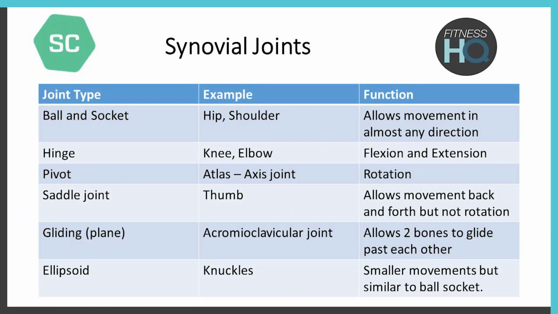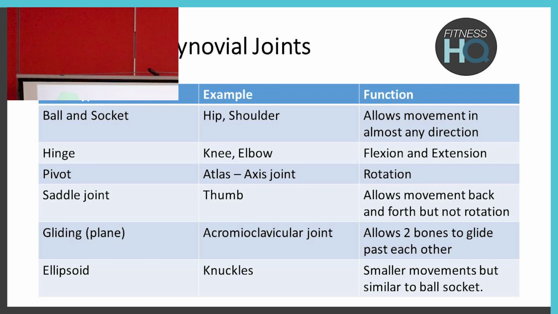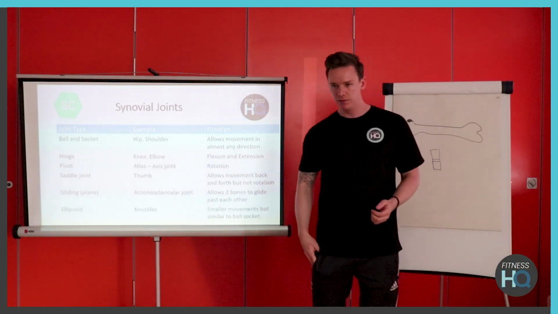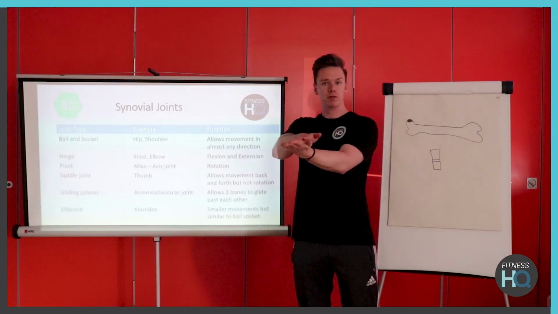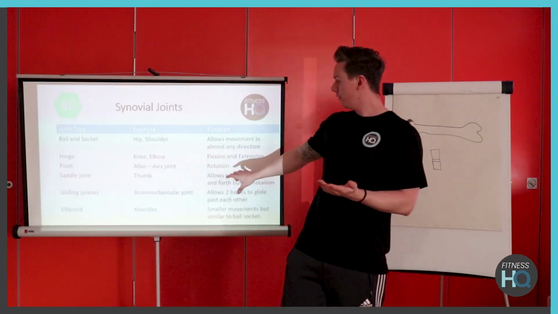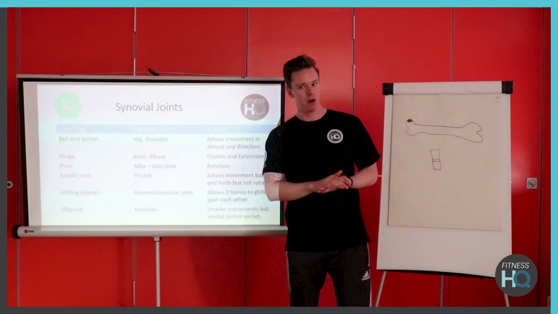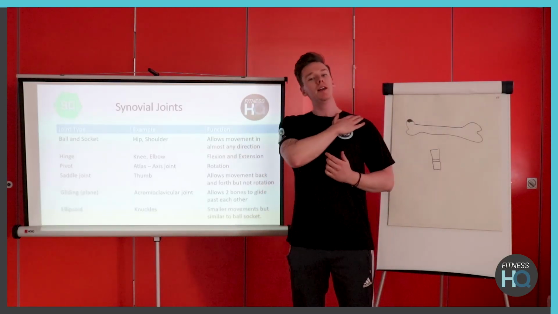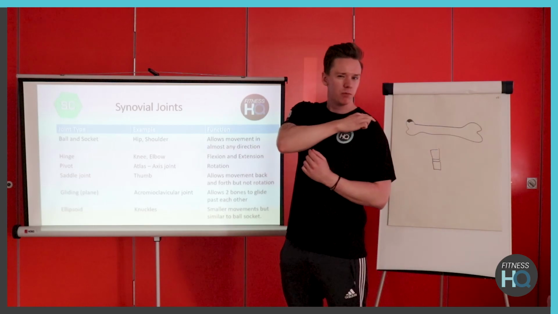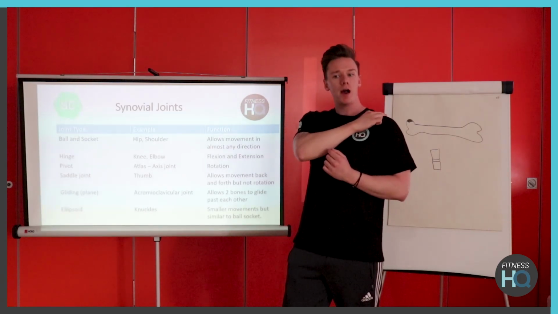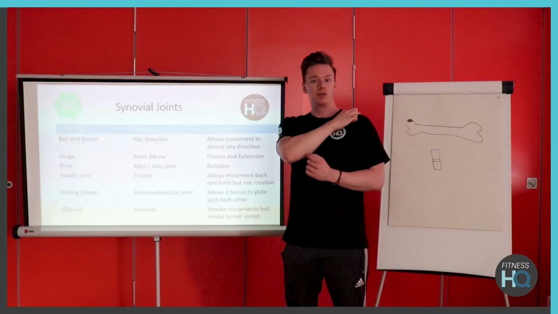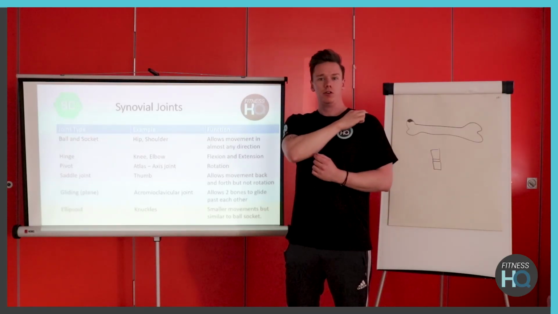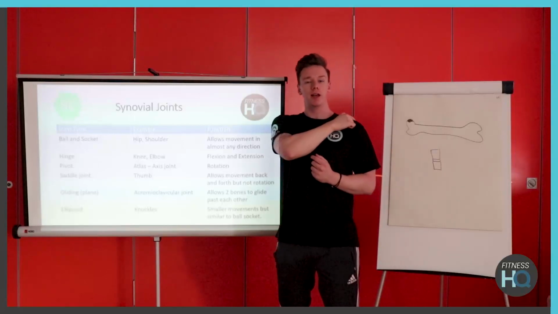Gliding joints, less familiar with most people. Basically, this is where if you think you've got 2 bones, they basically glide over each other, like so. So the example here is called the acromioclavicular joint. Now up in your shoulder here, you've got a little bony part on the top of your shoulder that you can probably feel. That essentially is your acromioclavicular joint, or it's at the top of your shoulder blade, the acromion process.